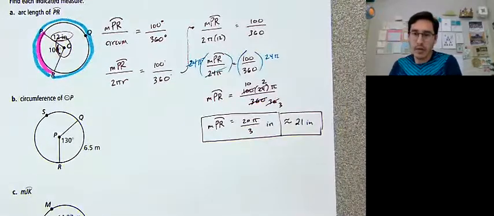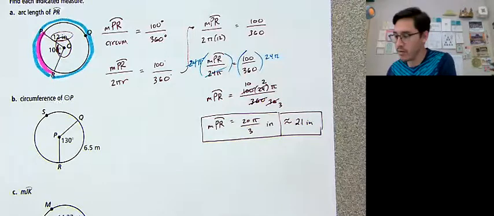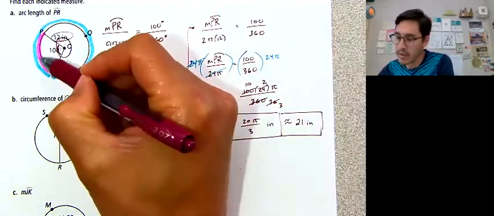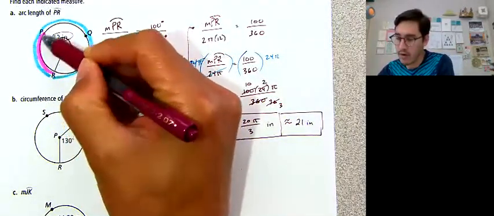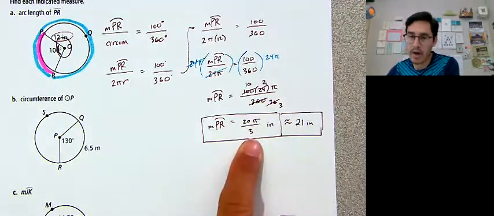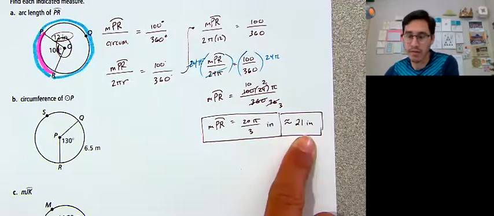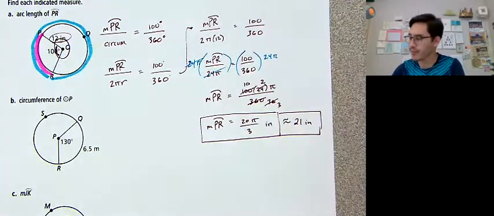If I was going to Home Depot or Lowe's and I needed to get some material for this arc, I couldn't just say, oh, I need 20 pi over 3 inches of material. They wouldn't really know what to do with that kind of description. So I'd have to convert it for them: 21 inches.